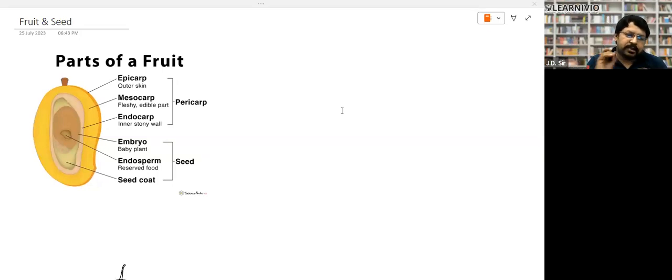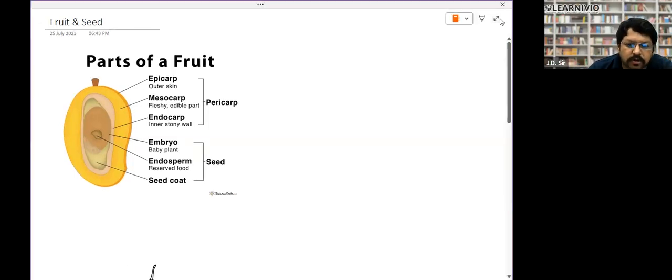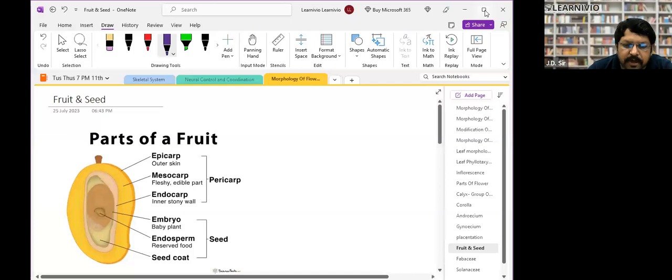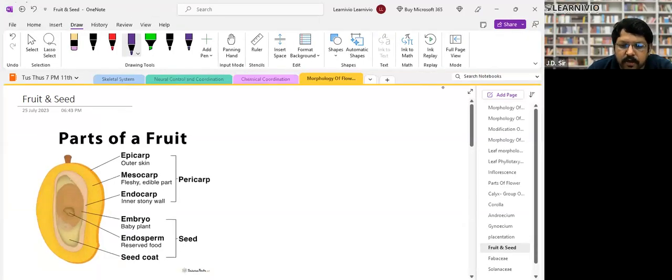Look, this is a mango. It's a very popular fruit, that's why I have taken this example. The fruit is made up of different parts. So from which part does a fruit originate?